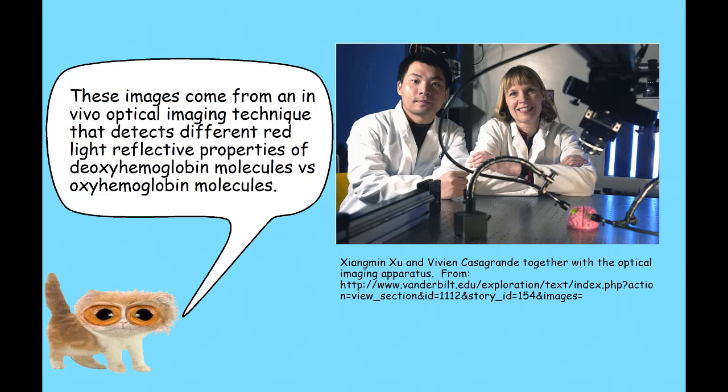And then what happens is they shine colored light down, and it detects different red light reflective properties of deoxyhemoglobin, so no oxygens bound to a hemoglobin, versus oxyhemoglobin. So again, it's a metabolic measure, this time using light to detect the difference in the metabolic use of oxygen by different areas of the brain.